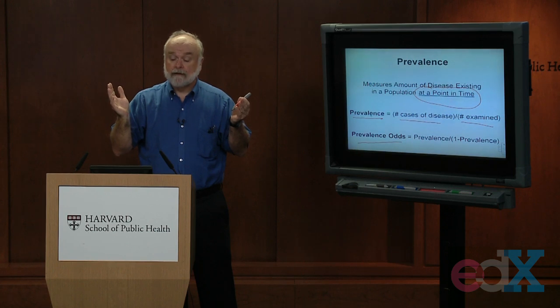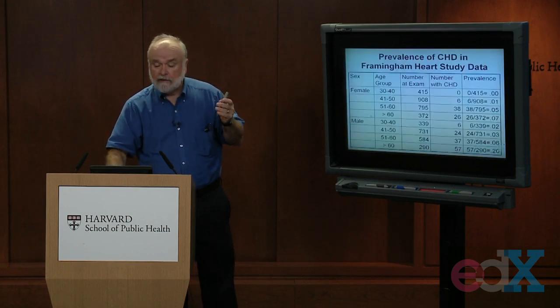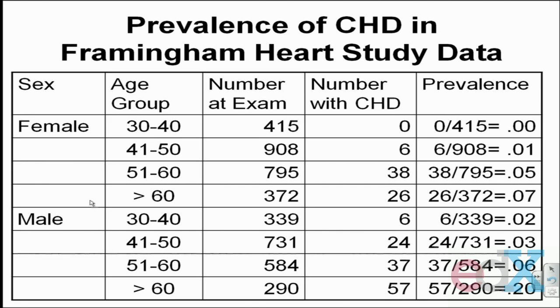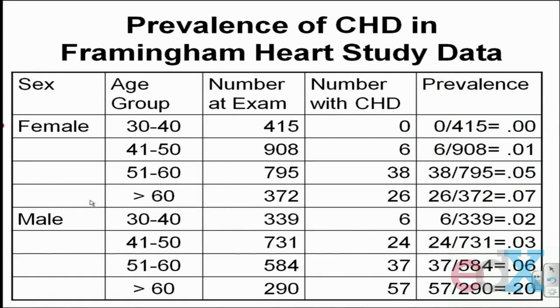Fairly simple. Okay? So, let me give you an example of some prevalence data. This is your Framingham Heart Study data set. What I've done is I've divided people into two groups, being a female or being a male. And further, I divided each group by their age into 4 age categories.